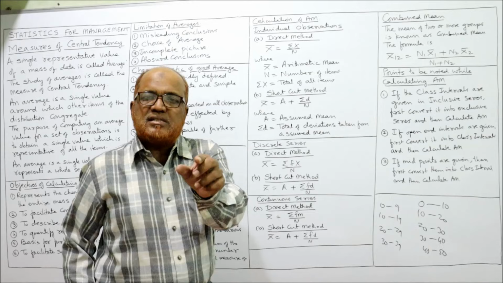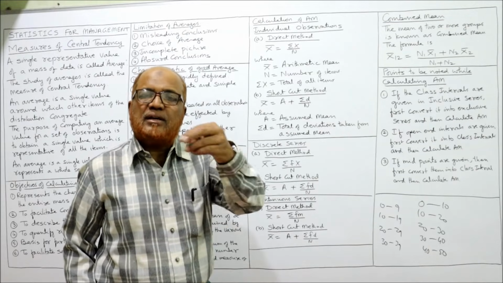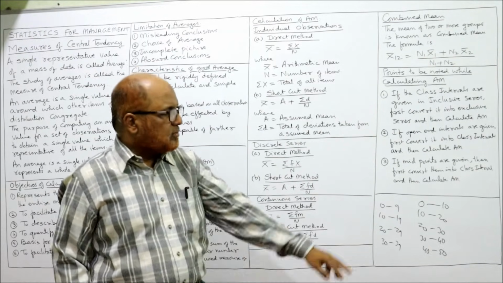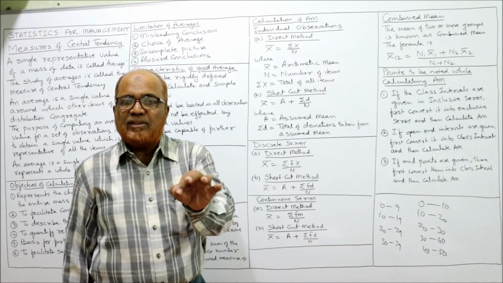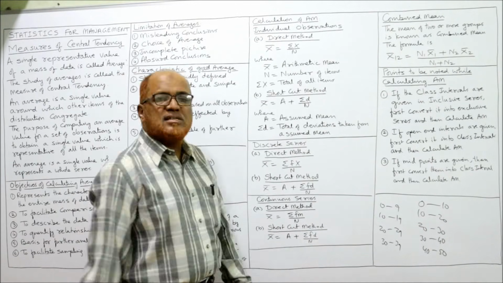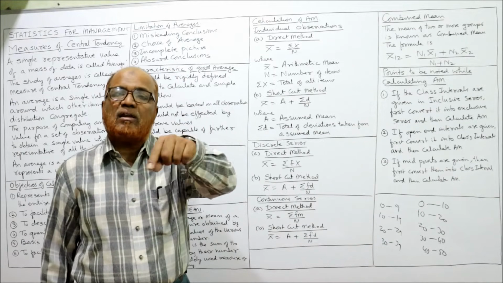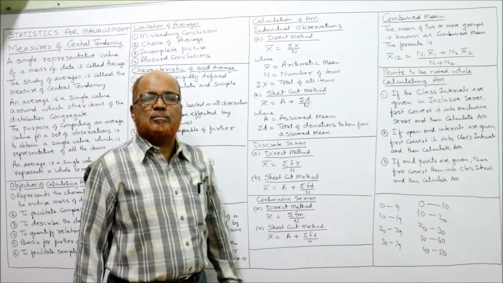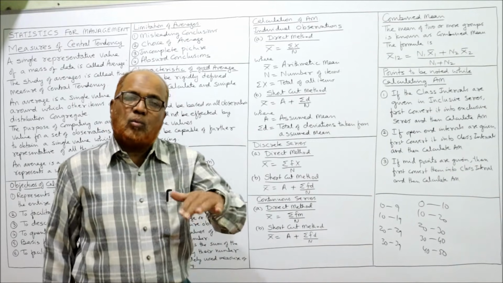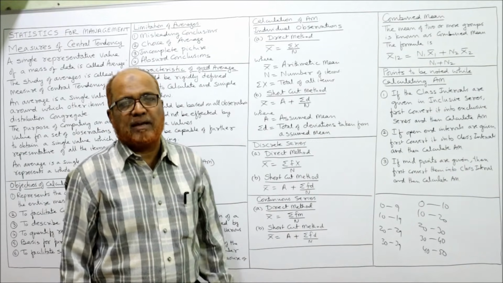So lower limit is included, upper limit is excluded. That's why this series is called exclusive series. So if in the problem inclusive series is given, you have to convert it into exclusive series and then only you calculate the arithmetic mean. How to convert it while doing the problem, I'll explain to you.